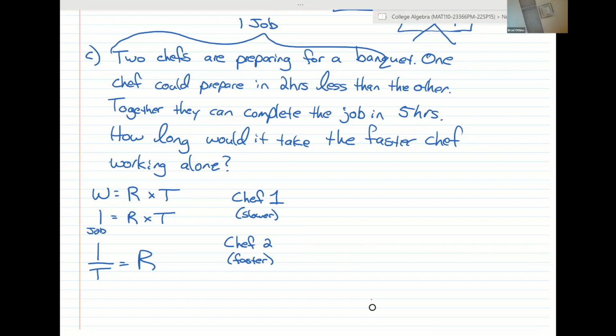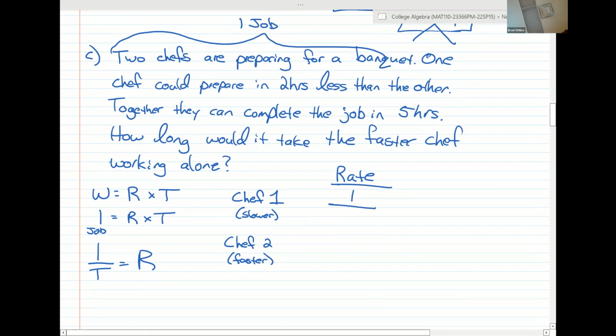So for example, the rate of the slower chef is going to be 1 over, it says 2 hours less. So the slower chef is going to be however long it takes, 1 over t. That's his time. And the faster chef is going to be 1 over t minus 2.